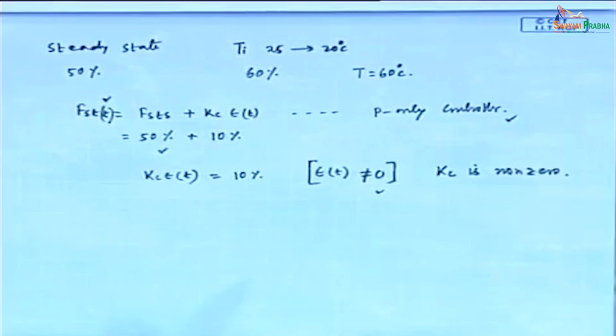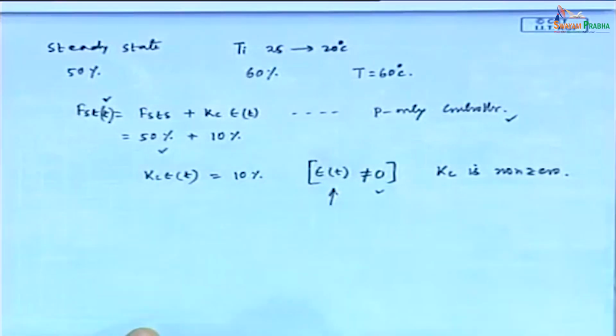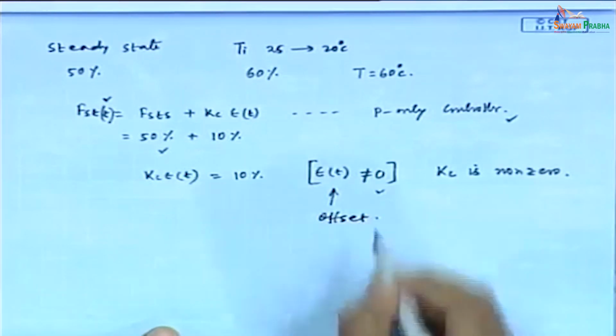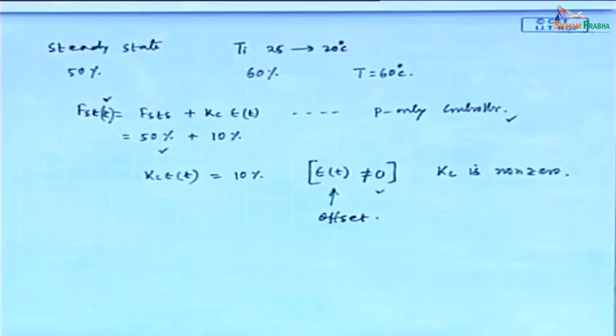It indicates there will be an offset, because error is not equal to 0. It indicates there is an offset under P only controller. Fine.